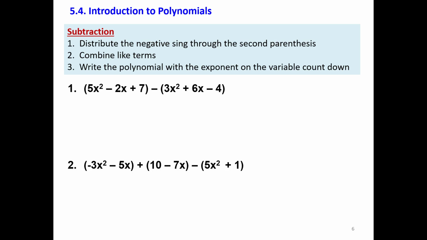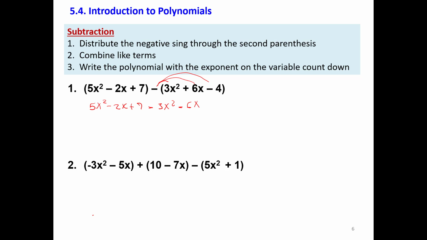And let's first distribute the negative sign. Now that part you have to be careful when we subtract. Here we have 5x to the second, and it's the same polynomial, but here we need to multiply by the negative. Negative times positive is negative 3x to the second. Negative times positive is negative 6x.